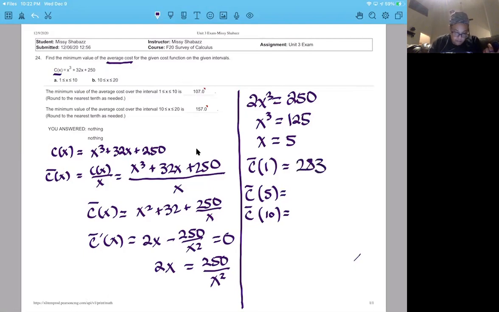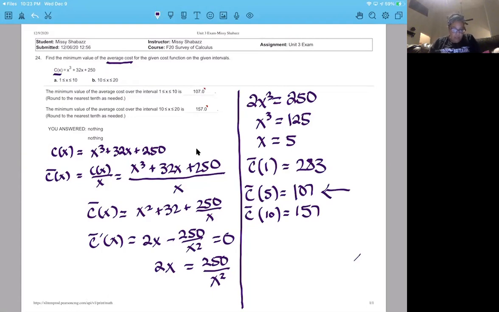If I plug in 5, I get 25 plus 32 plus 250 divided by 5, 107. If I plug in 10, I get 100 plus 32 plus 25. So 157. All right, so the minimum value of the average cost is going to be 107 on that interval between 1 and 10.